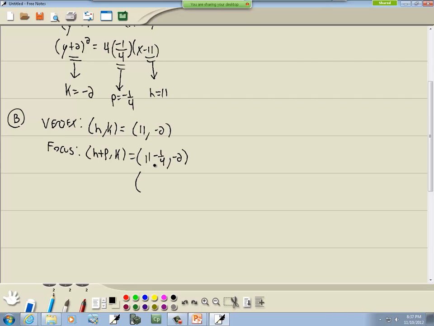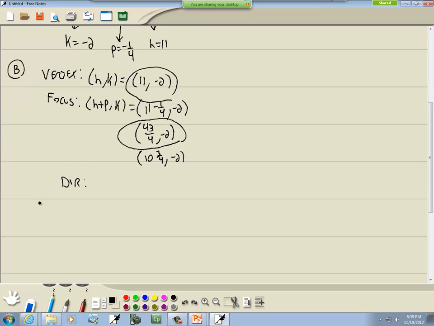Now, in truth, I'm going to put this in fraction form, but in truth, the mixed number might be better. 11 times 4 is 44, minus 1 is 43, so 43/4. Like I said, you look at that, it's like, well, where in the world's that at? But 10 and 3/4 is maybe a little easier to see. Sometimes for practical purposes, coming up with a mixed number or decimal is actually easier than a fraction.